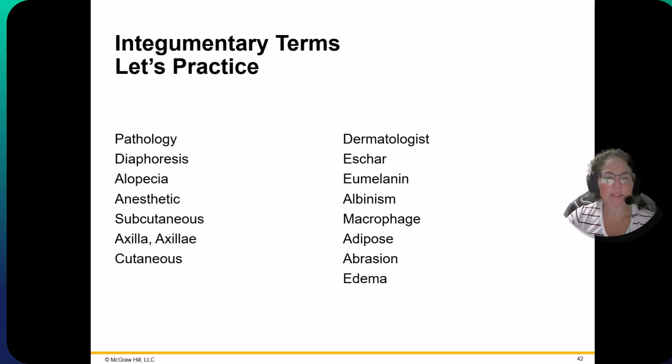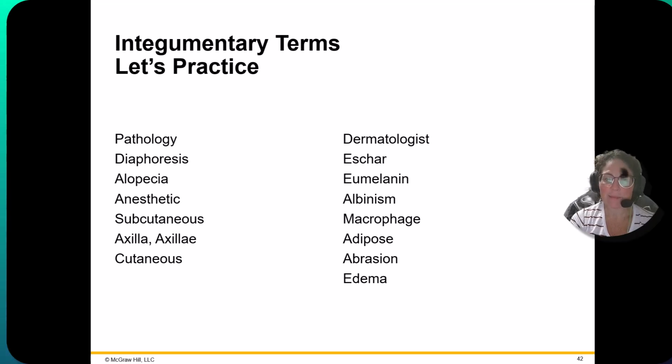Integumentary terms. So here's some time to practice some of the terms that have to do with the integumentary system. Let me read these out to you. So we have pathology, diaphoresis, alopecia, anesthetic, subcutaneous, axilla or axillae, cutaneous, dermatologist, eschar, eumelanin, albinism, macrophage, adipose, abrasion, and edema.